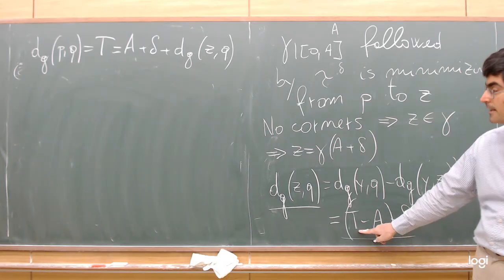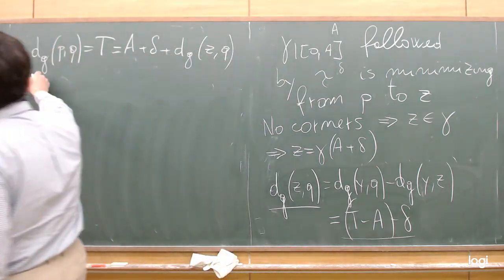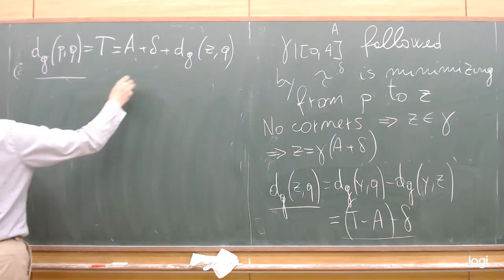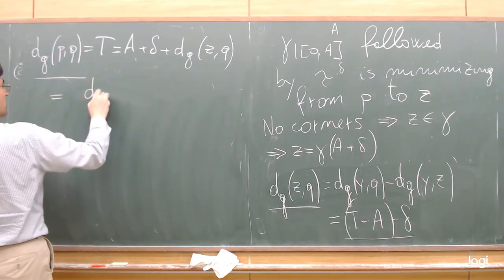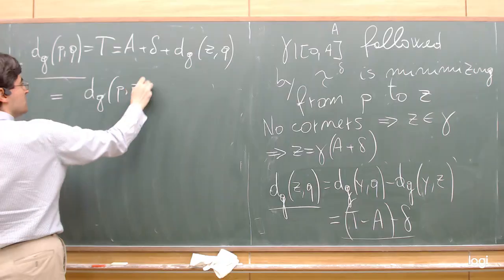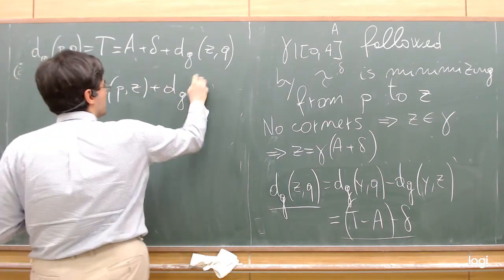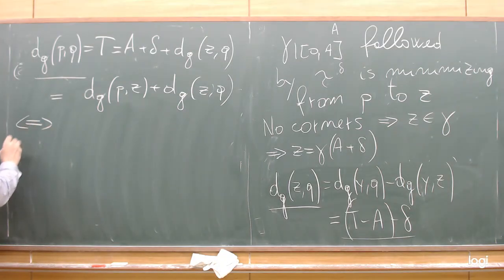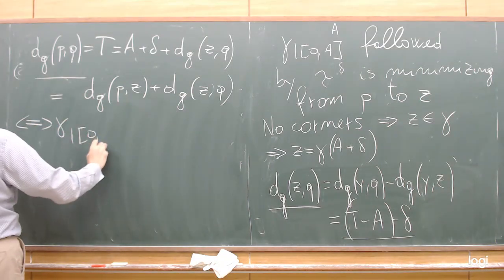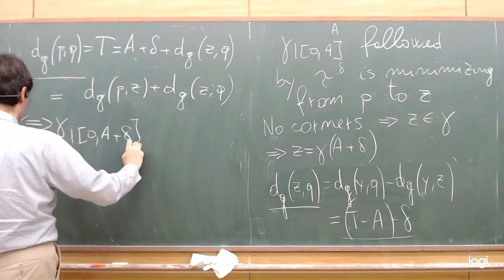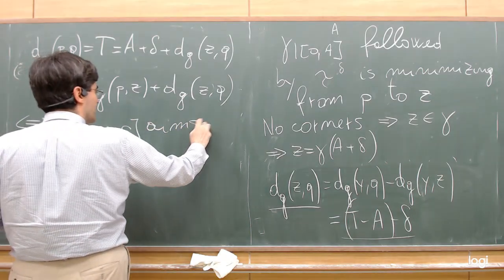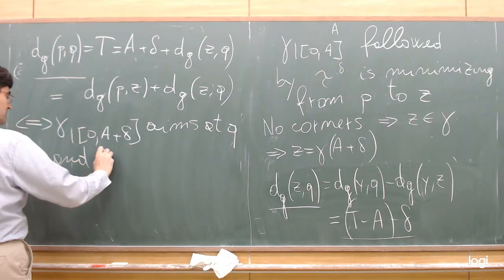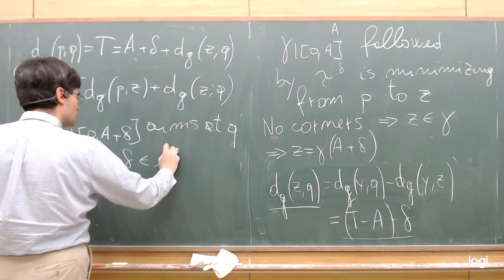Replacing T by d(P,Q), but this is also d(P,Z) plus d(Z,Q). And this is equivalent to say that gamma restricted to [0, A plus delta] aims at Q, and A plus delta belongs to this set A here.